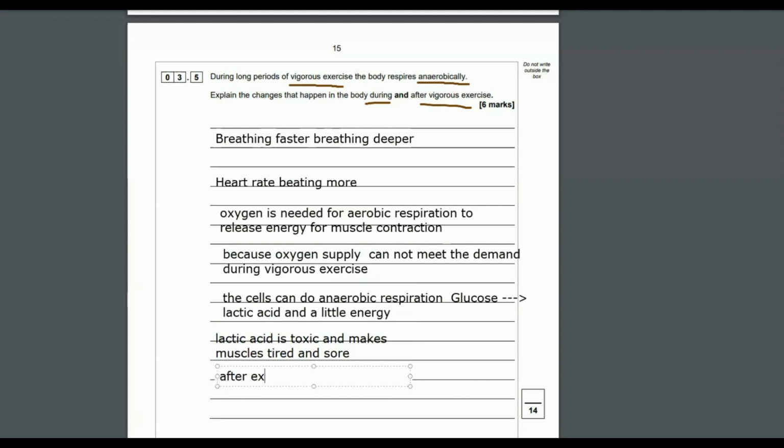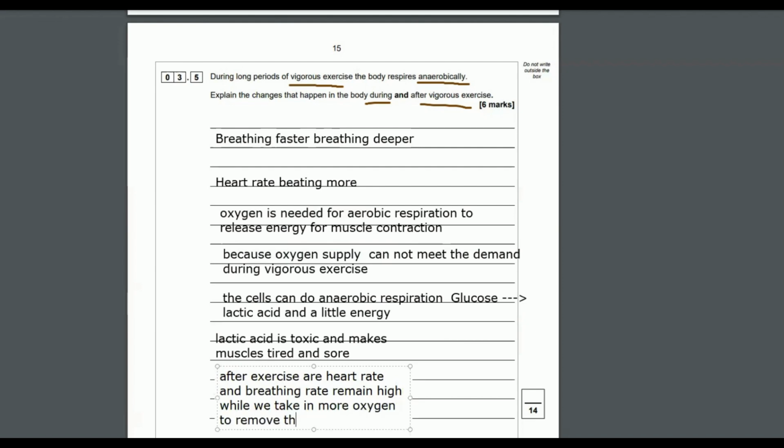After exercise, our heart rate and breathing rate remain high while we take in more oxygen to remove the lactic acid. The volume of oxygen we take in is called oxygen debt.